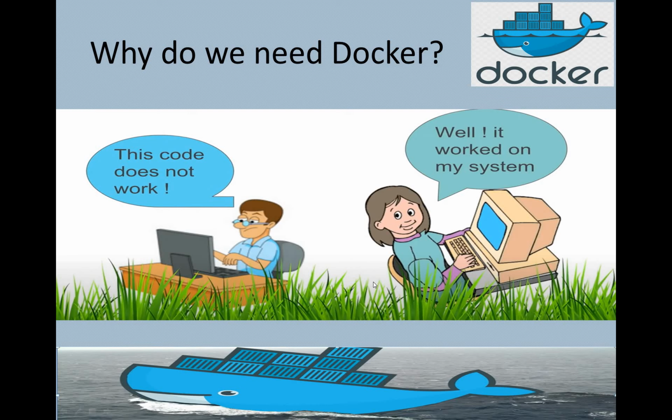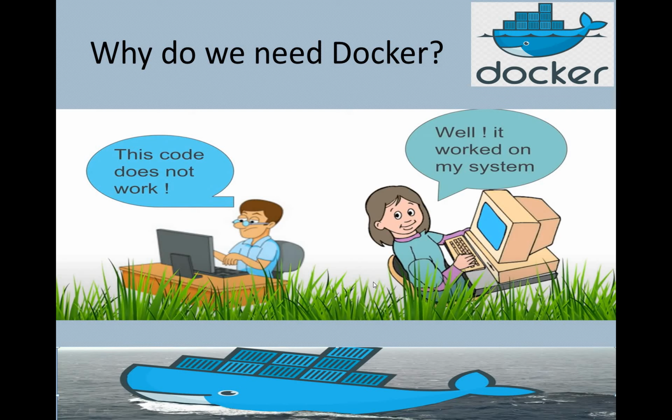Then the other point is when your application is ready and you want to deploy it from one development environment to UAT environment or production environment. When you deploy that from the development environment to another environment, then it starts breaking. So that is another observation you can say, or that normally happens in the IT industry.